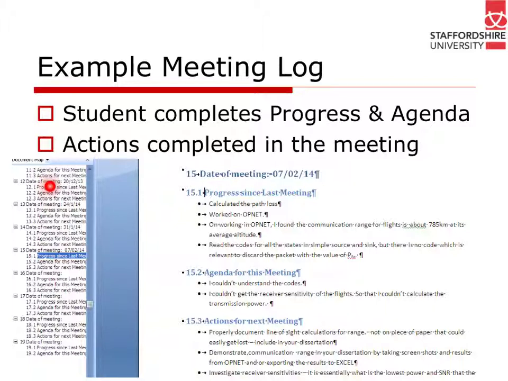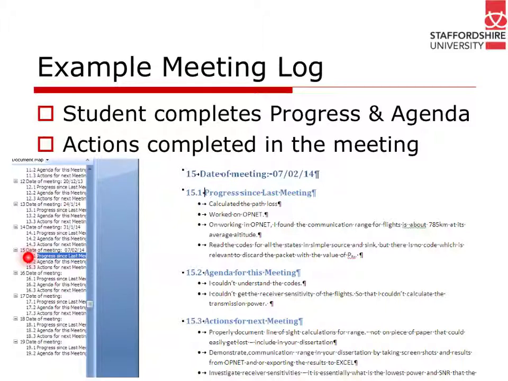Okay, so I can see straight from this that we've had 15 meetings. So there's the date of the meeting, and what's been done. He's calculated a path loss, he's worked in OpNet, and he's found out this and that. So I can say, okay, show me your calculation.